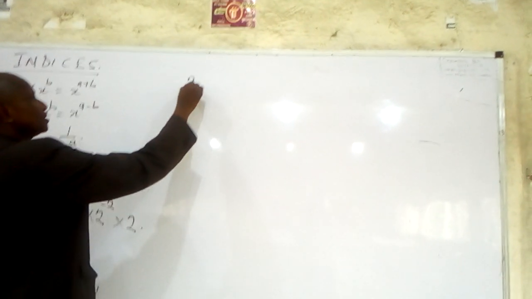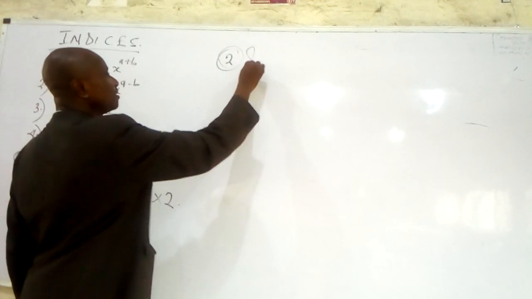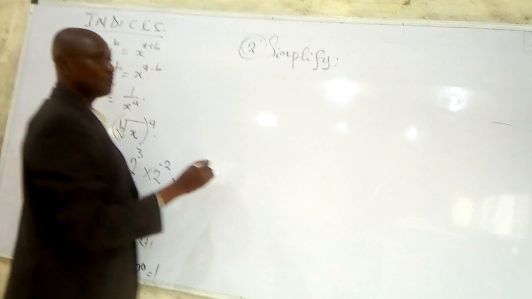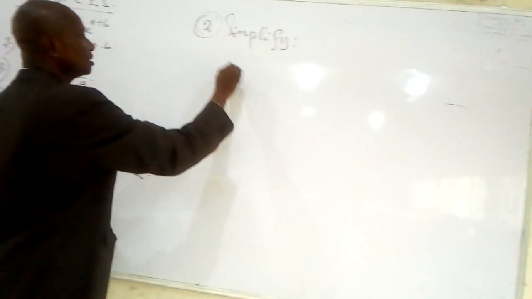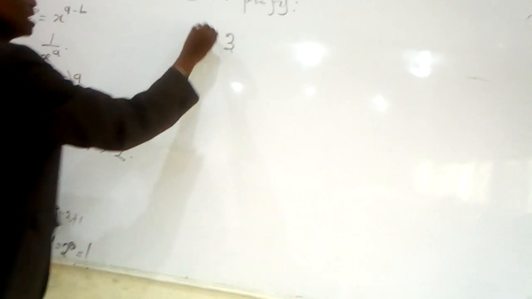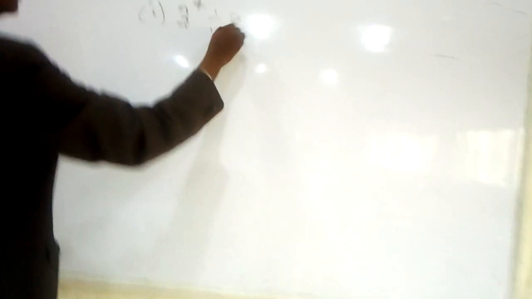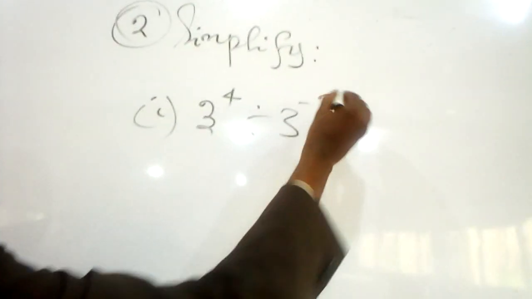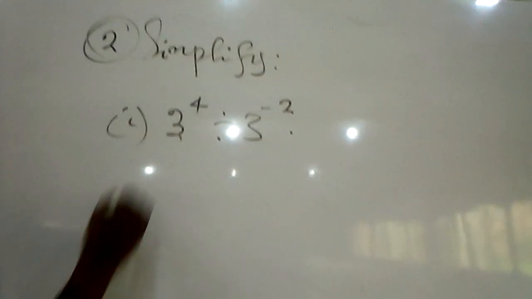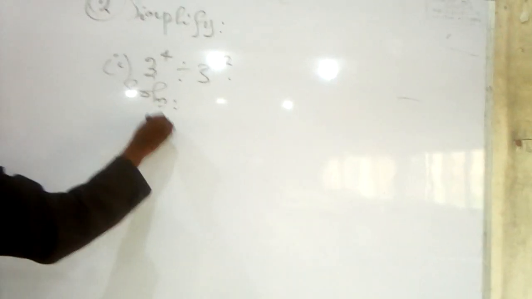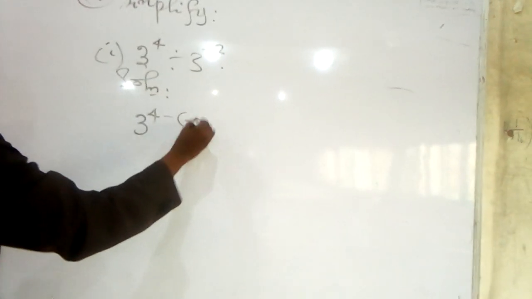Question 2 in indices. We simplify 3 raised to the power 4 divided by 3 raised to the power minus 2. The solution gives us 3 raised to the power 4 minus minus 2.